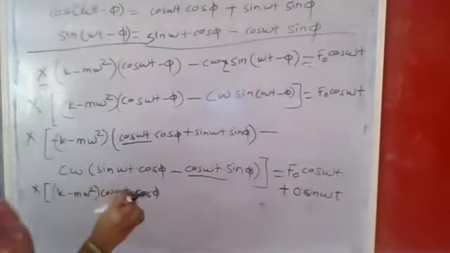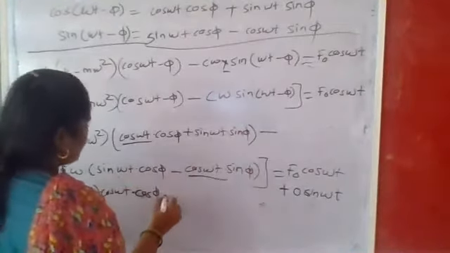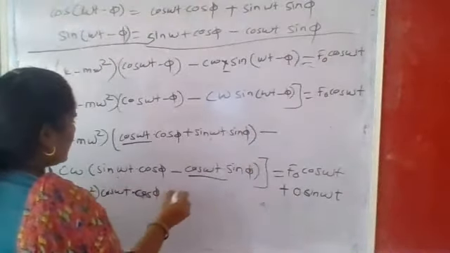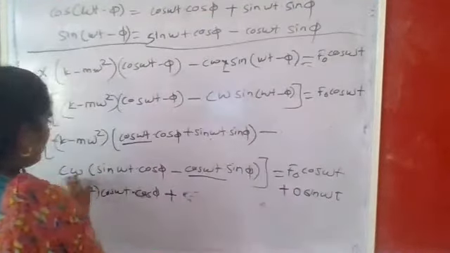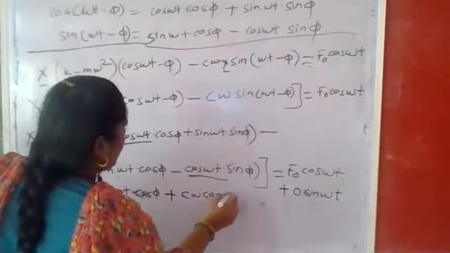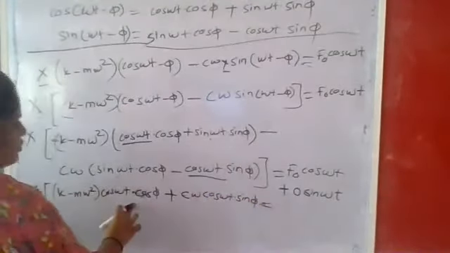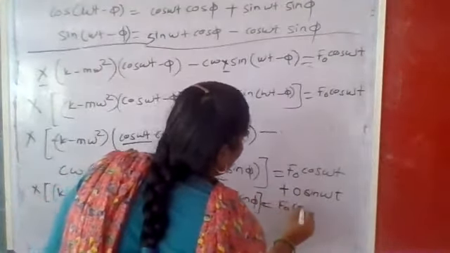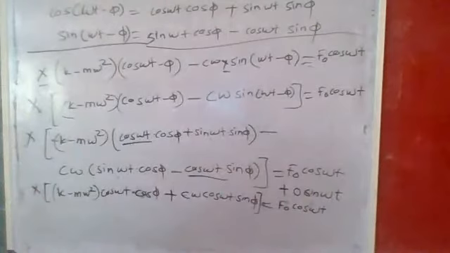Minus and this minus, it will become plus, because this minus sign and that minus sign will become a plus sign, into the multiplication factor c omega into cos of omega t into sin phi, bracket complete, is equal to, the terminology is with respect to cos, f naught into cos of omega t. In the same way we have to split this equation for sin omega t.